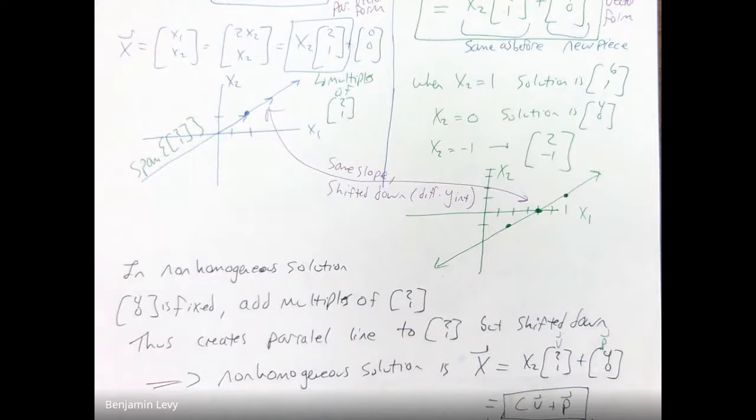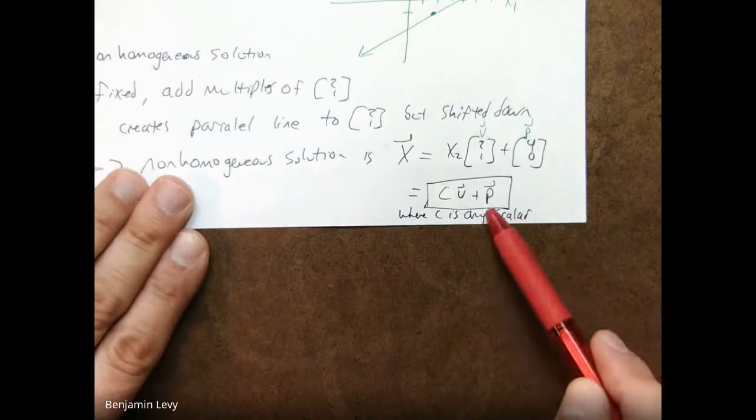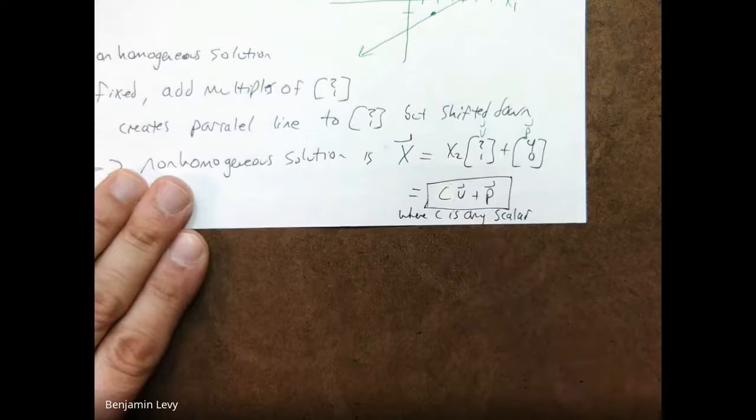I'm not going to ask a question about that, but that's what it's referring to, this specific situation right here. It's like you have cv + p, and in the homogeneous equation, p is just 0, so it just slides it over basically.